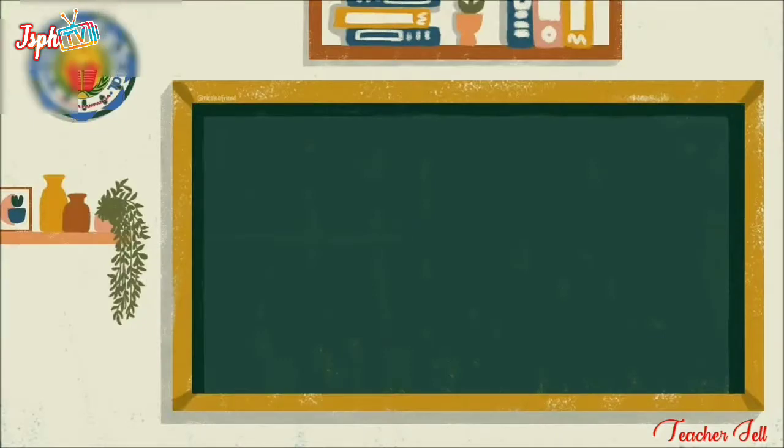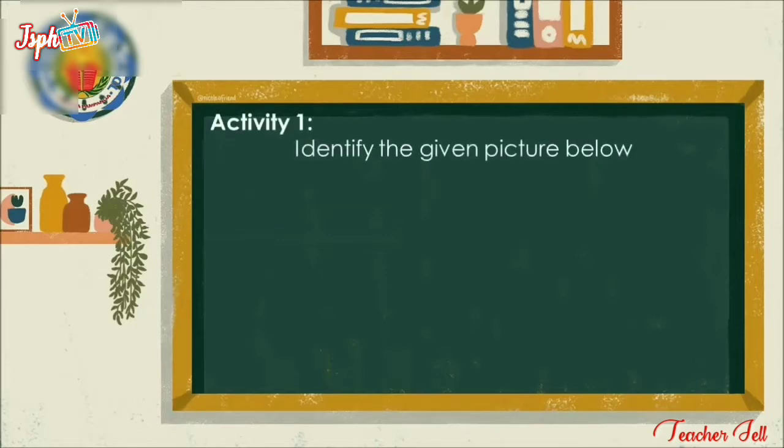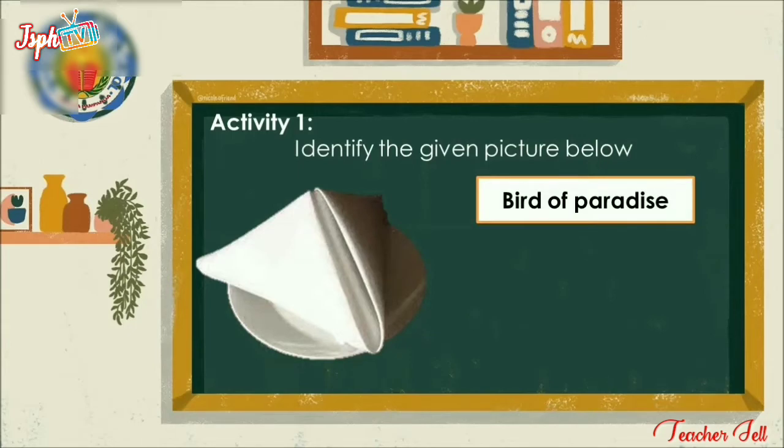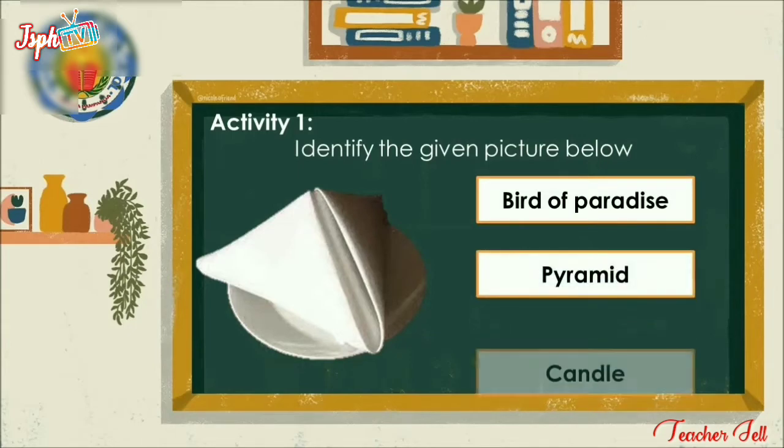Before we proceed to our next topic, I have here a short activity identifying the given picture below. First, is it a bird of paradise, a pyramid, or a candle?